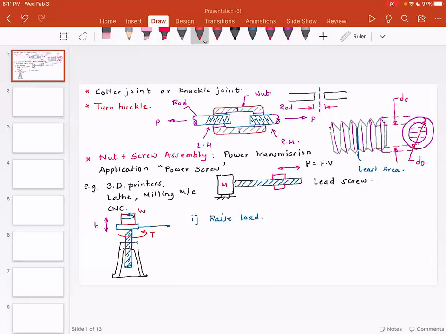So load is not going to move. So if you raise the load and remove torque, there are two cases that are possible. So first and foremost, the load stays where it is. Load stays at location. And the second case that is quite possible, is load runs down.